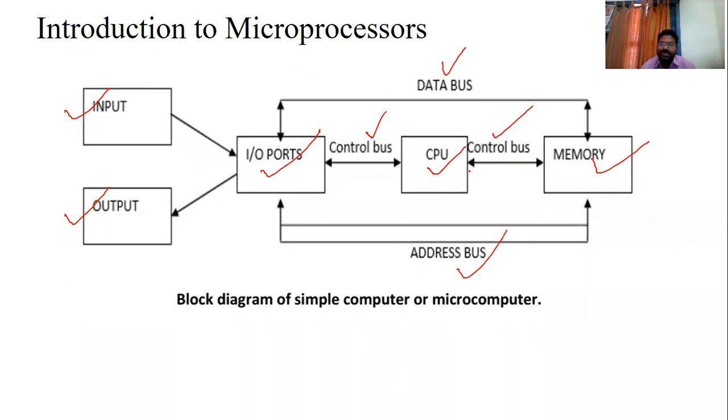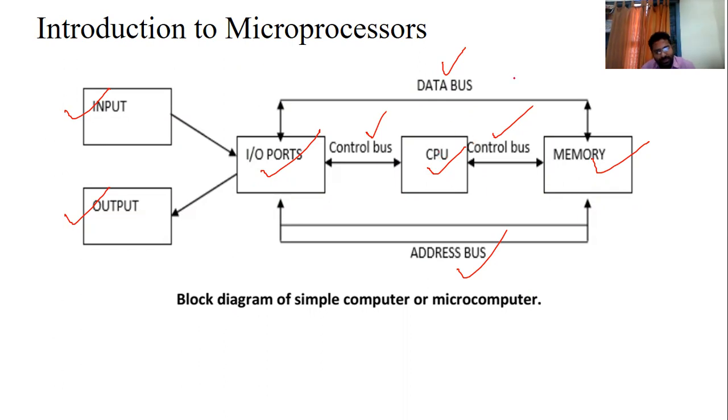I will tell you each component in detail, so don't worry. What are the different types of input devices? What are the different types of output devices? What are the input output ports? Then what is the control bus, the data bus, and the address bus?